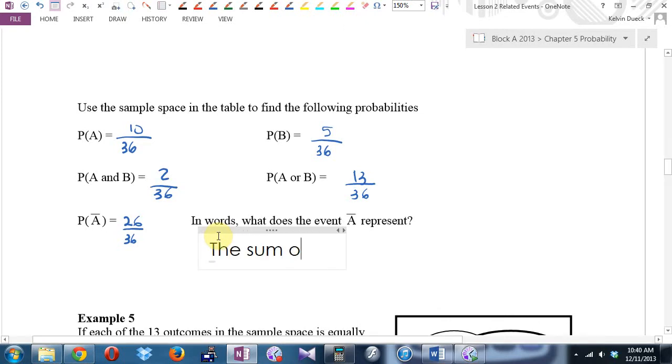The sum of 2 dice is? What's the opposite of at least 9? Or you could have said 8 or less. Sure. That's what the complement represents in English.